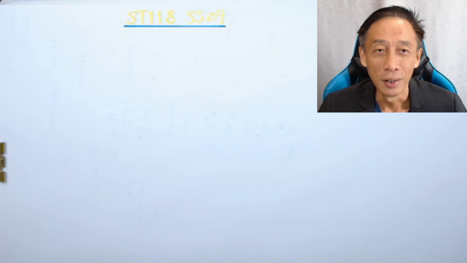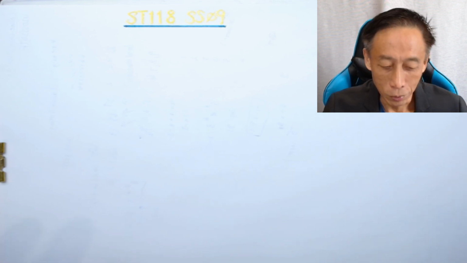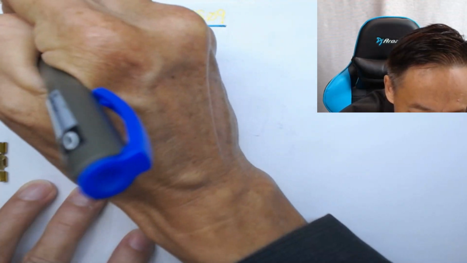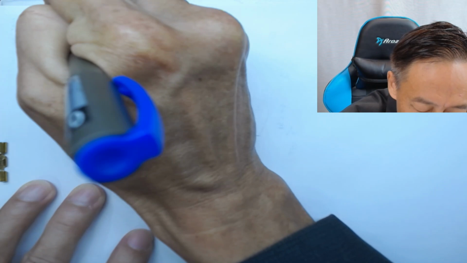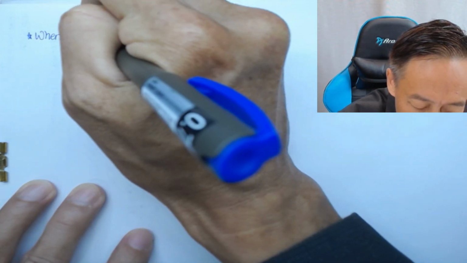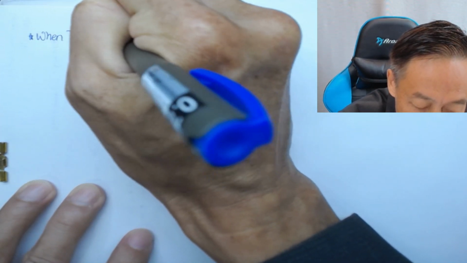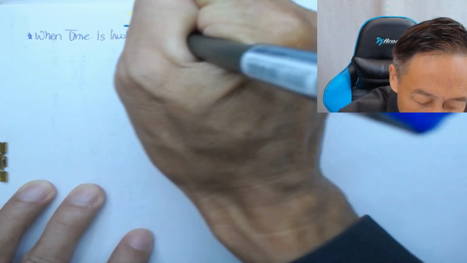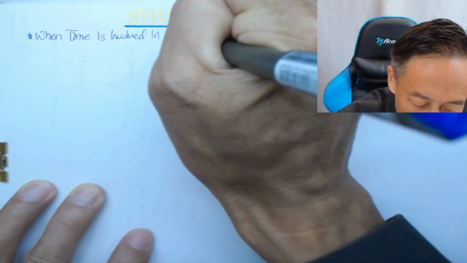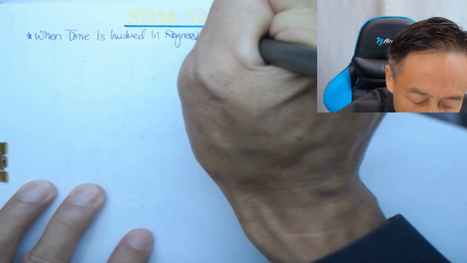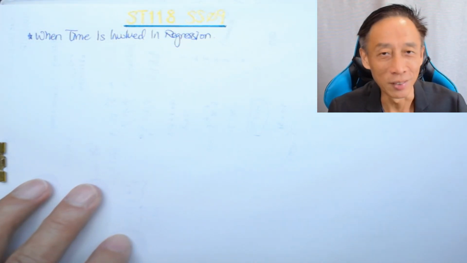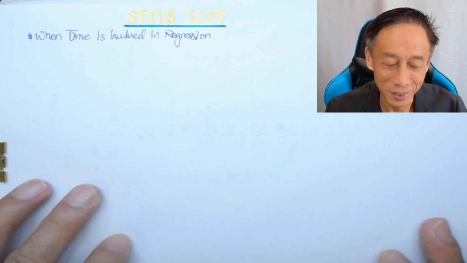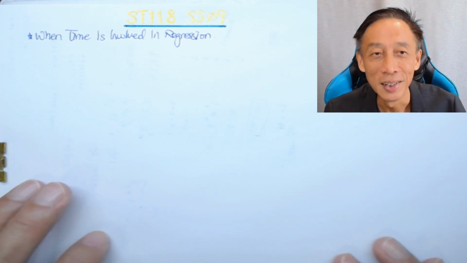In this session, I'd like to discuss with you the case when time is involved in regression. We all understand that time is money, and time drives everybody's lives and all businesses.